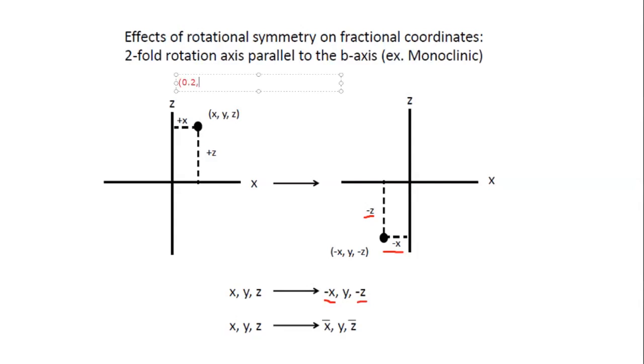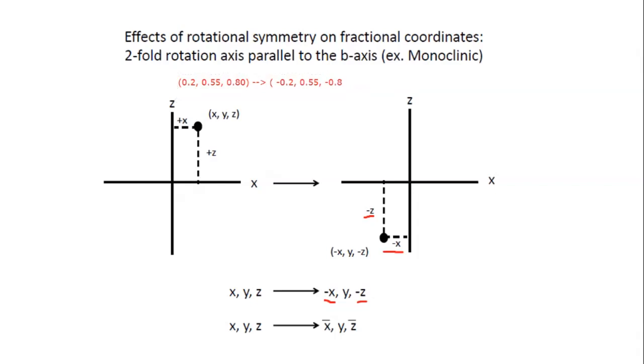So let's say we have a set of coordinates, 0.2, 0.55, and 0.80. And we want to perform a twofold parallel to B. So since it's parallel to the B axis, only the x and z coordinates will become negative. So our new set of coordinates is negative 0.2, 0.55, negative 0.8.